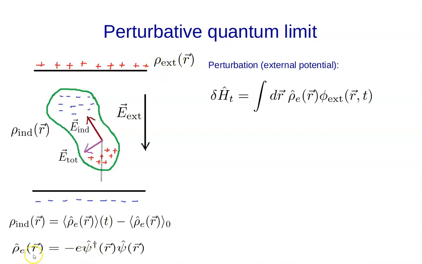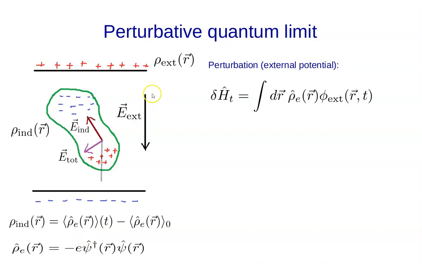But the density of the electrons, for instance, is going to be psi dagger psi. This is like the density at a position r. Psi dagger counts the number of electrons at a position r, and I multiply by minus e so that I have a charge density here. So this is my quantum charge density.